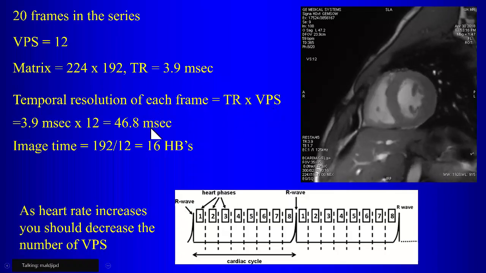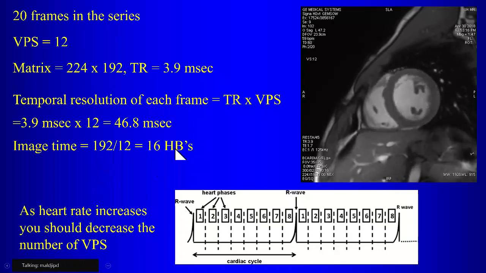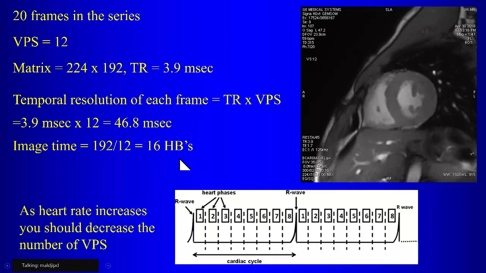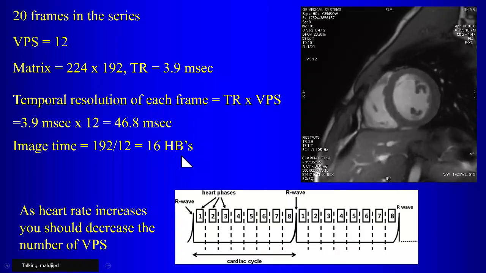In this case, it's almost 50 milliseconds. Now, since we are acquiring 12 lines of K-space during each heartbeat, we're going to need 192 lines of K-space before we have enough to generate an image. We're going to need 16 heartbeats. And if the patient's heart rate is 60 beats per minute, that means it's a 16-second breath hold.